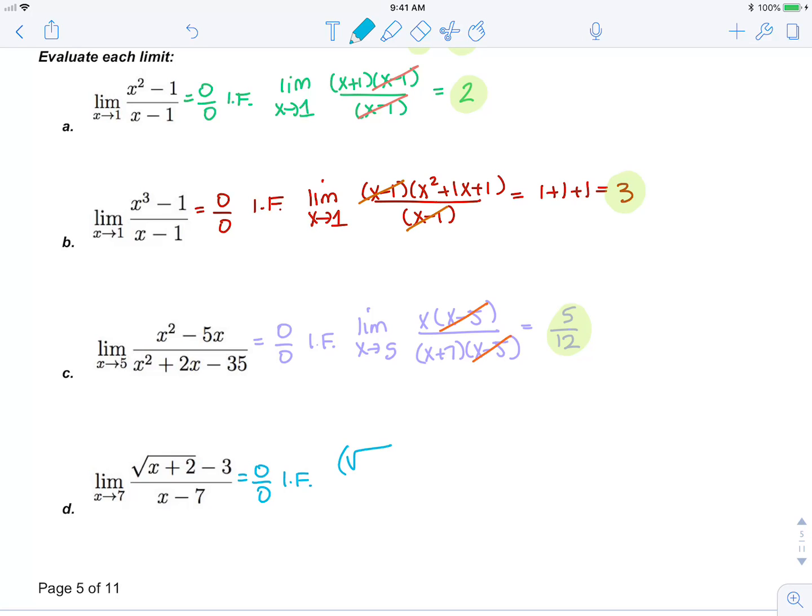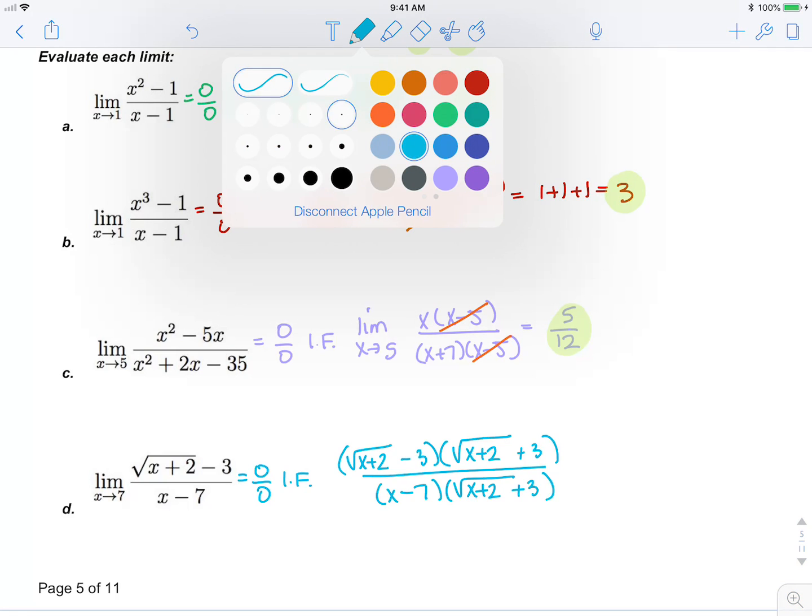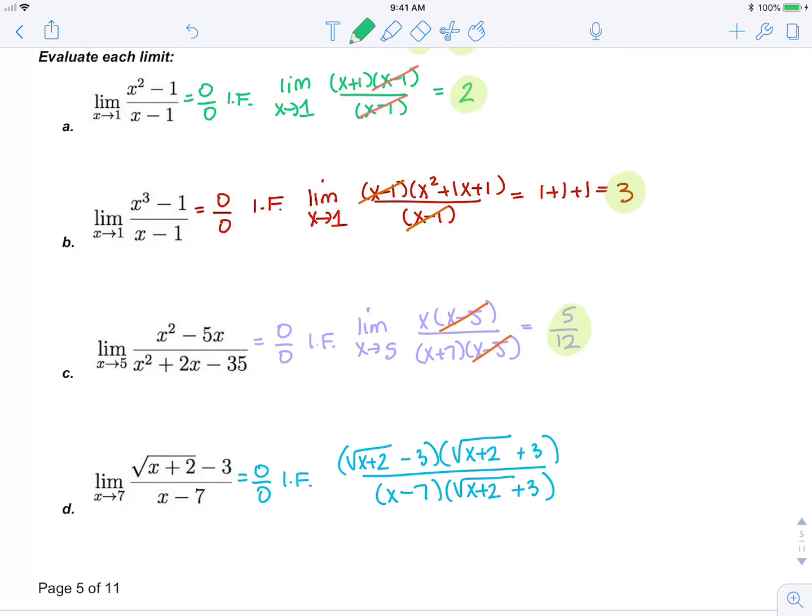So I'll have square root of x plus 2 minus 3 multiplied by its conjugate, and the conjugate on bottom as well, so I don't change the value of this ratio.